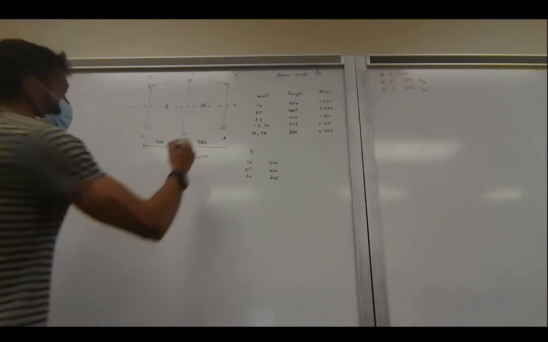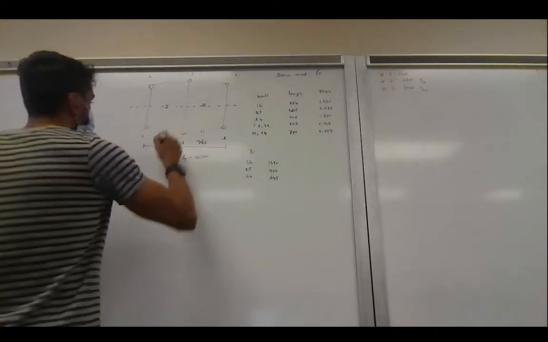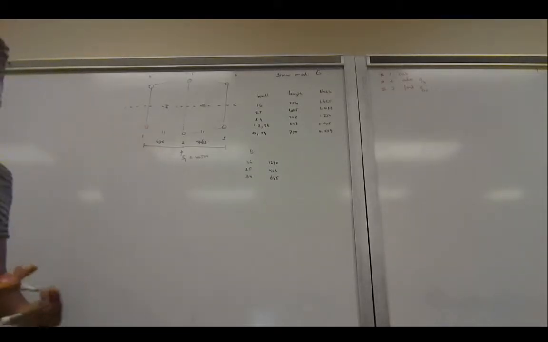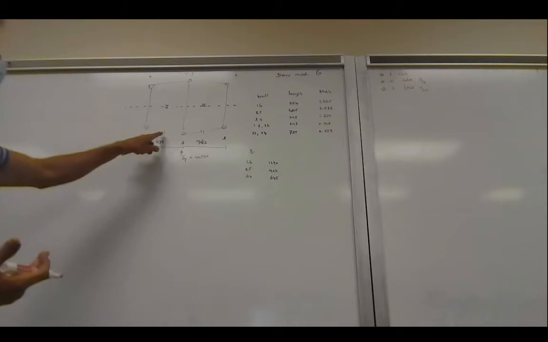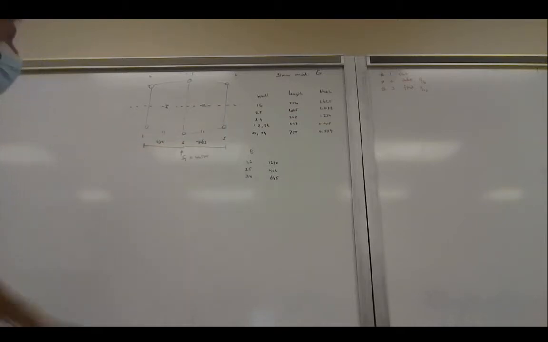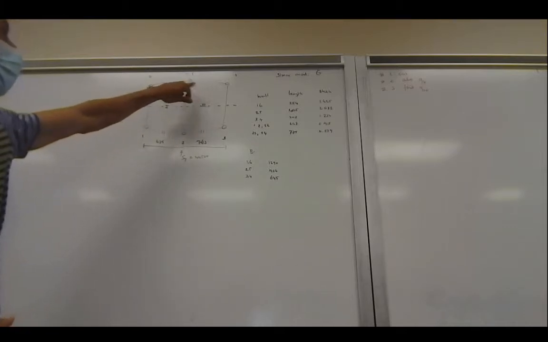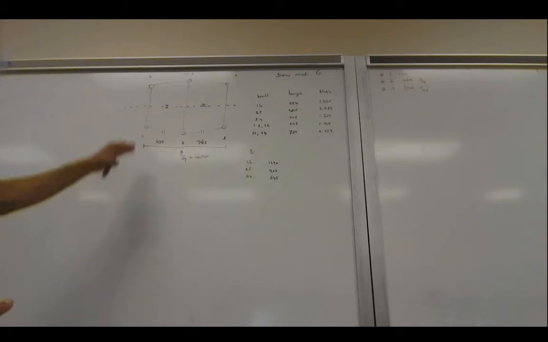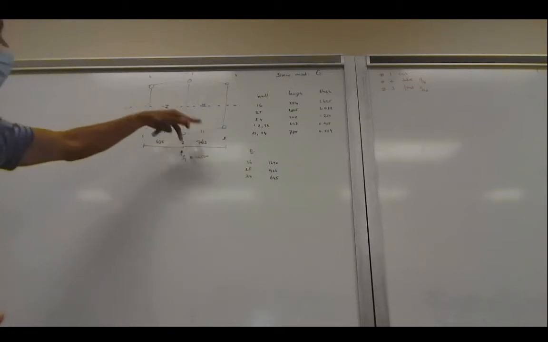So if we make our first cut at these 2 locations, because we have an idealized section and we know that the shear flow only changes when we pass a boom, that means at 1-2, the open shear flow is 0, and at 2-3, the open shear flow is 0 as well. By symmetry, 5-6 and 4-5 are 0 as well. So in this case, we only have to calculate 1-6, 2-5, and 3-4.